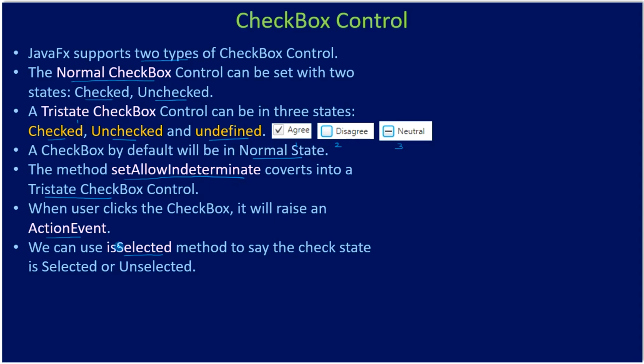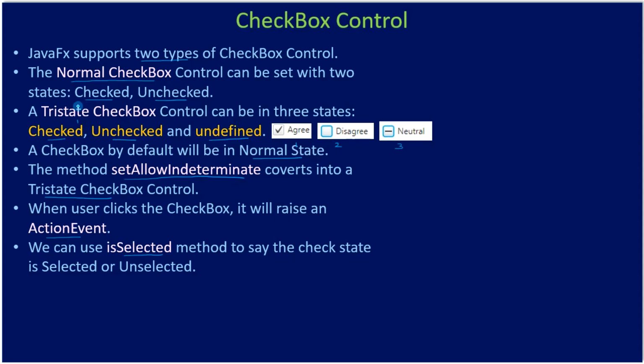So you can make a call to isSelected, and that will tell whether the checkbox is in selected state or in unselected state. If it is true it means selected, false means unselected. This holds good for a normal checkbox.